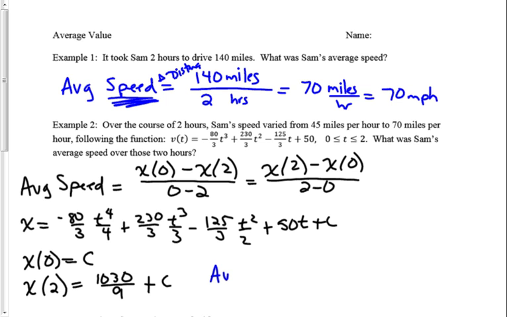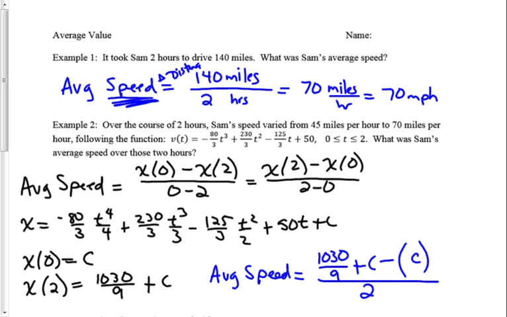So let's start working on our average speed. Our average speed is going to be 1030 over 9 plus c minus c, all over 2.